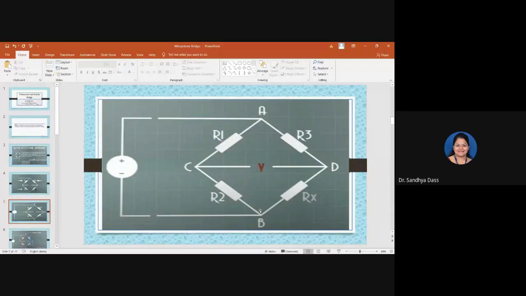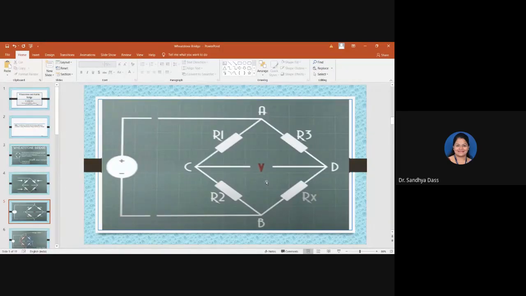Generally, the Wheatstone Bridge and Kelvin Bridge are called DC bridges because a DC supply is connected to them. To points A and B, you will apply DC voltage, and you will check the voltage across points C and D. You want to observe a condition where the voltage at C and the voltage at D are the same. Then we say that the bridge is in balanced condition.